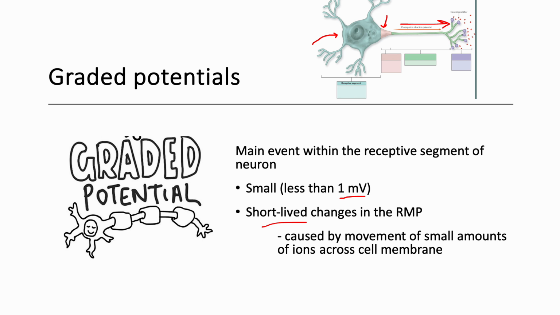They are changes to the resting membrane potential. So remember, when we're talking about this neuron, we're talking about resting membrane potential, which we said is around negative 70 or so millivolts for your typical neuron.